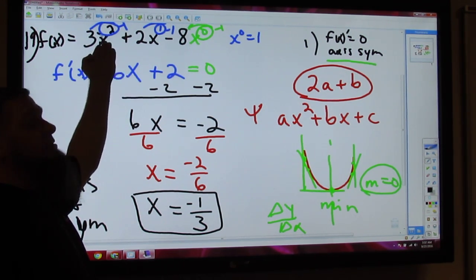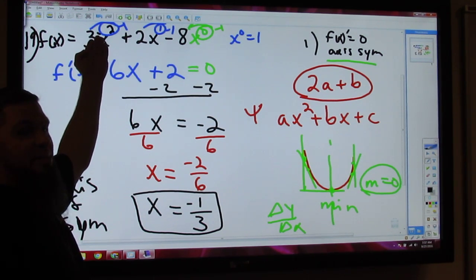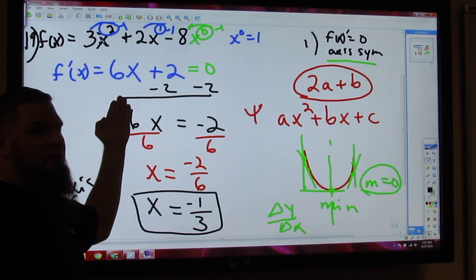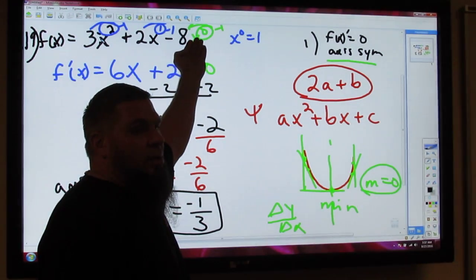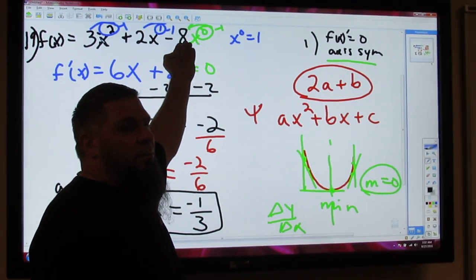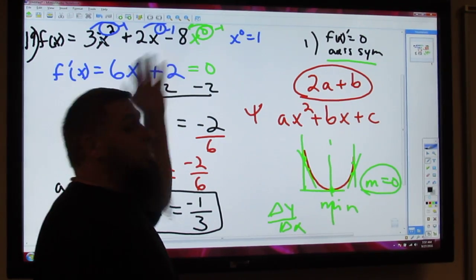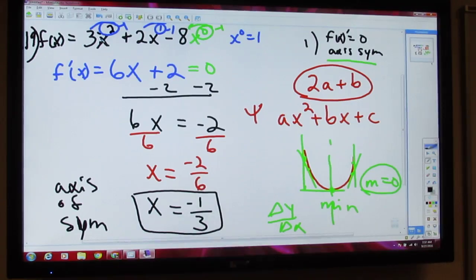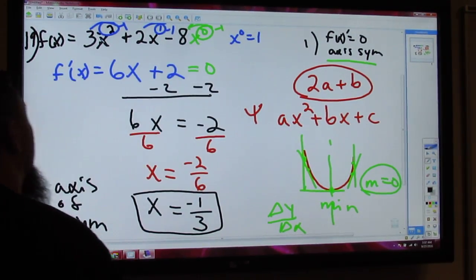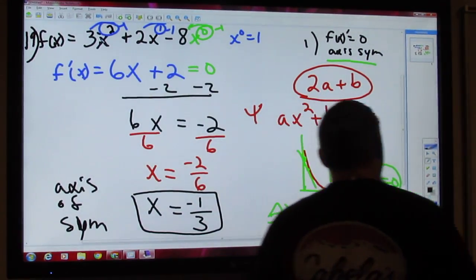You had 2 x's, x times x, and now you have just an x. And that's how the one at the bottom makes 0, because there's no x's there. But there is. It's an illusion. So that's the axis of symmetry.